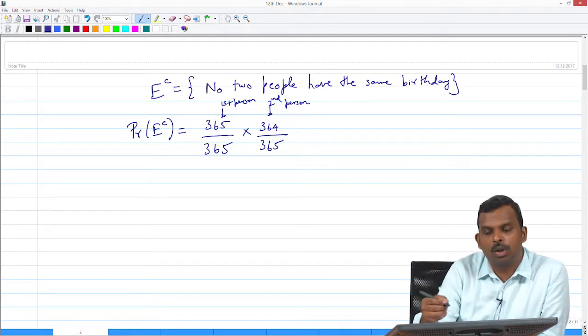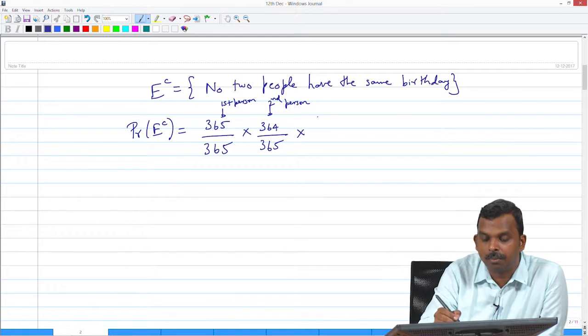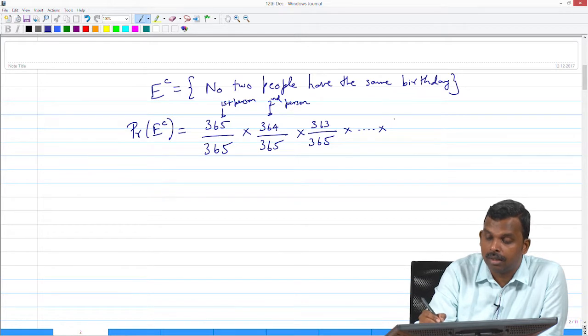And then I can keep on going. So, what about the third person? The third person can be born on any one of the remaining 363 possibilities, and so on. You can go on till 365 minus, so this is for the third person.